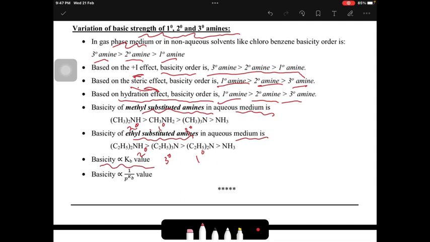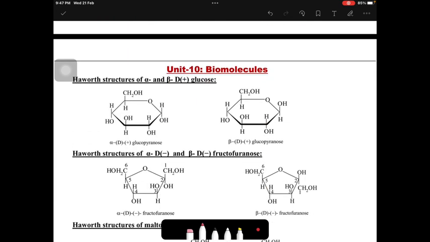Basicity is directly proportional to Kb and inversely proportional to pKb.